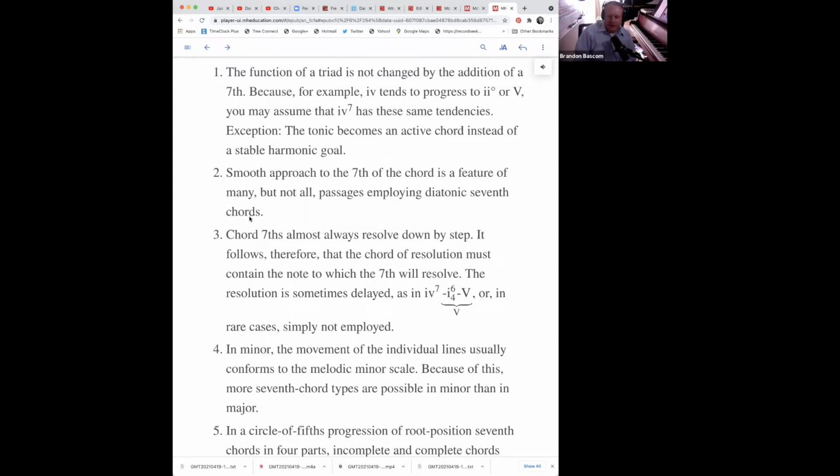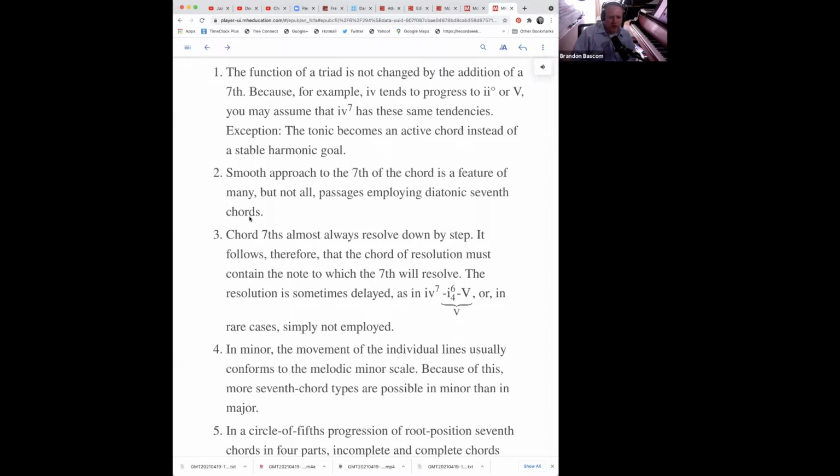Number 2, smooth approach to the 7th of the chord is a feature of many, but not all, passages employing diatonic 7th chords. Number 3, chord 7ths almost always resolve down by step.